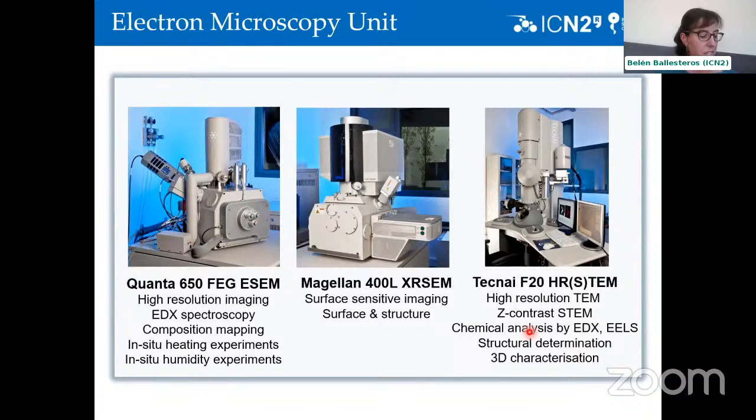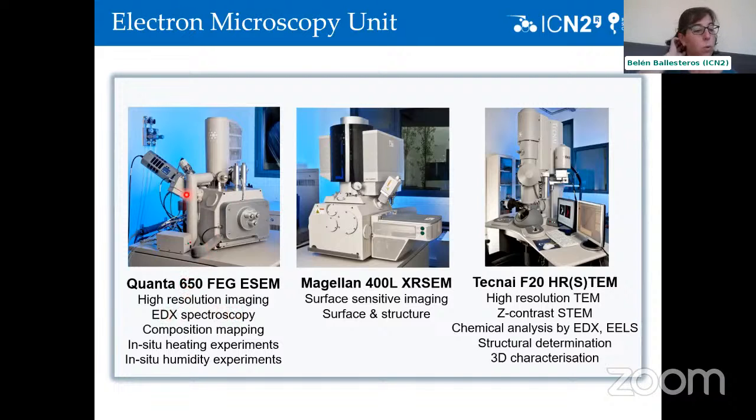So just to finish, just to mention which type of equipment we offer in ICN2. We have an environmental SEM that we use for the study of morphology, topography, and also composition of the samples, because it has an EDX.